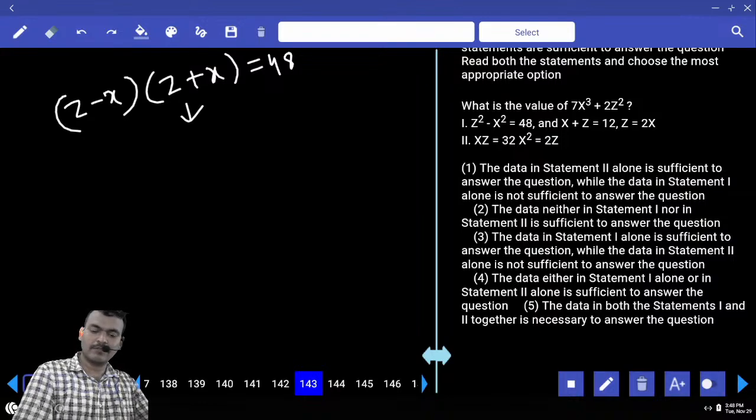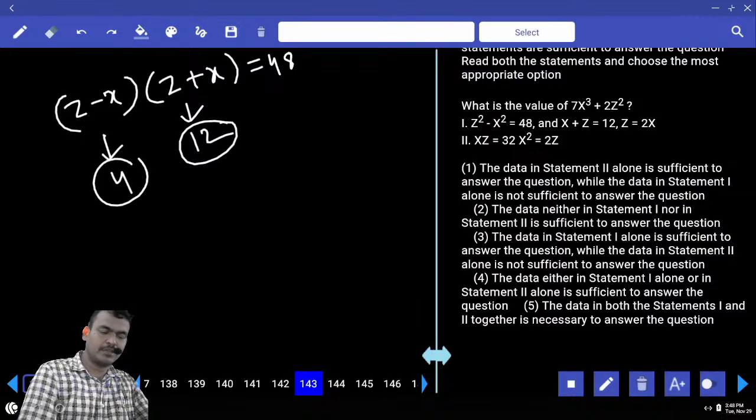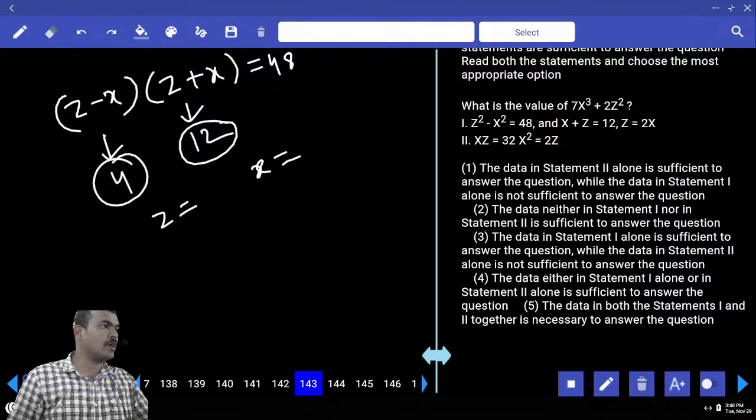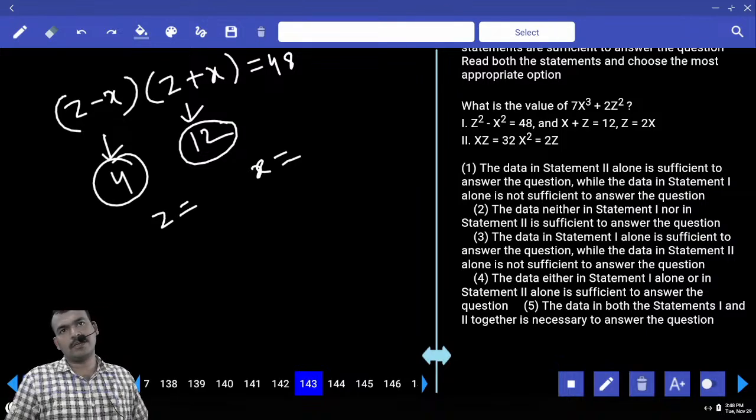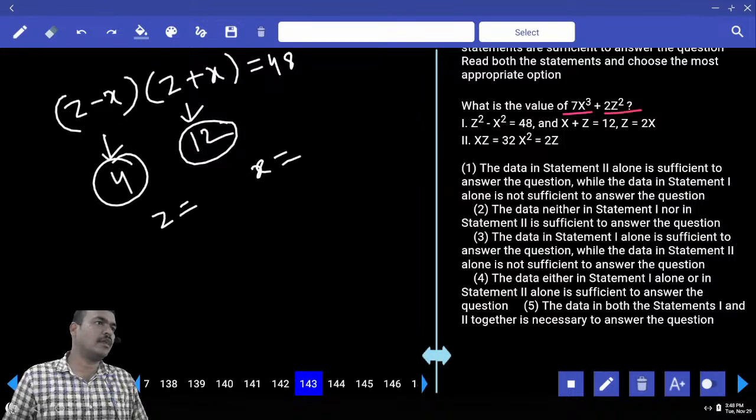What is the z plus x value? 12. z minus x value? 4. We know the sum value and the difference, so obviously we get the individual values of z and x. If you know the individual values of z and x, obviously we get 7x cube and 2z square. Yes or no? Is one alone sufficient or not sufficient?